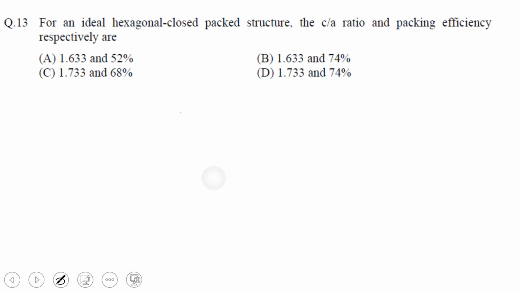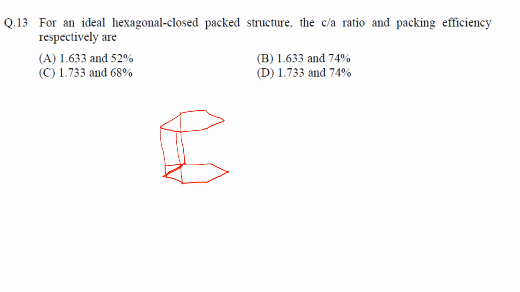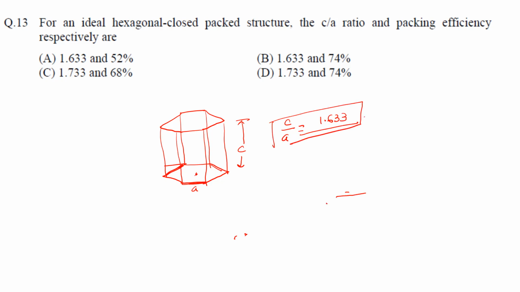For a hexagonal, if you see, this is your hexagonal, then this length is c, right, and this length is a. The ideal c by a ratio for hexagonal is 1.633. So you need to remember this one, and there is a derivation of this also.